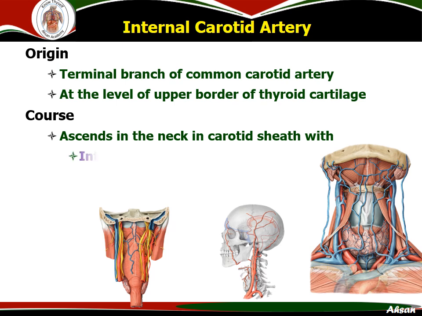You can see the accompanying internal jugular vein on either side in the right figure and on the left figure. This vagus nerve is within the carotid sheath. So carotid sheath actually contains the common carotid and internal carotid, then internal jugular vein and the vagus. So this is actually in the line of common carotid artery.